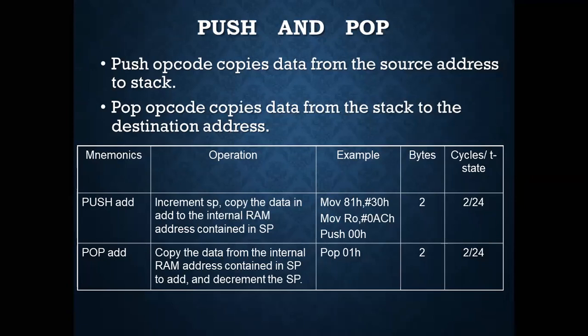The process is first to increment the address of the stack, then store the data onto the top of the stack. So this push instruction is incremental. Whenever you do a push operation, the stack pointer is automatically increased by 1 and the data is stored.